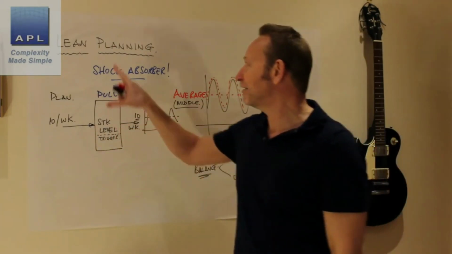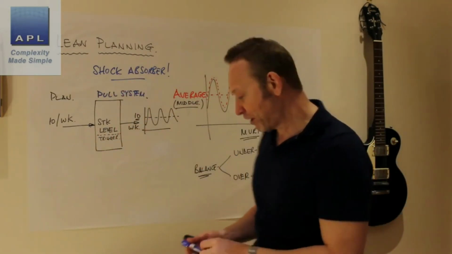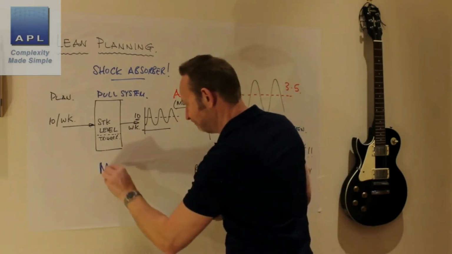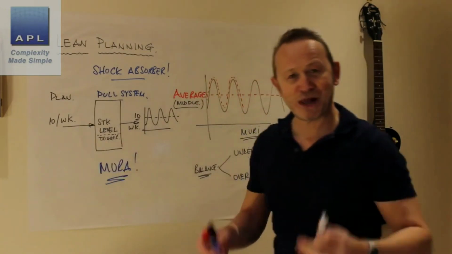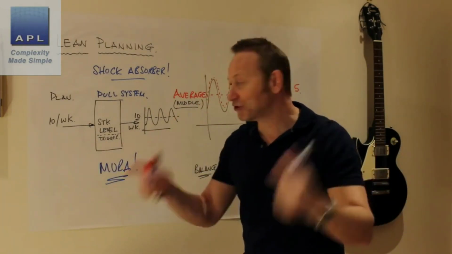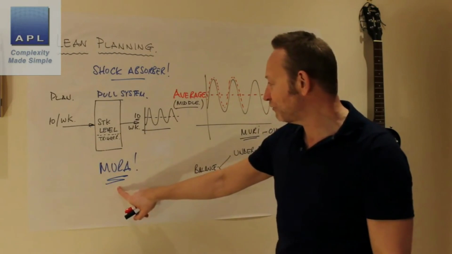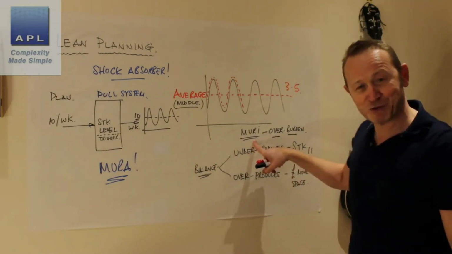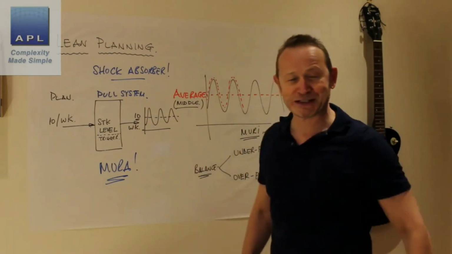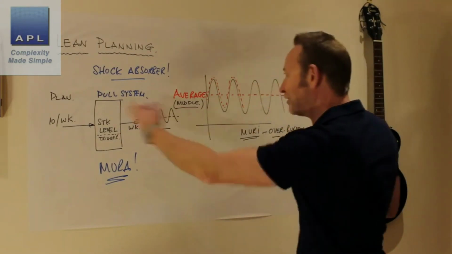You're taking away unevenness, Mura. So this stuff's going. Think how easy this is to plan, people, machinery, space, everything like that. You're getting rid of unevenness, and because you're getting rid of unevenness, you're getting rid of overburden, and now you can make the 7 wastes go away. But that's the way to do it.